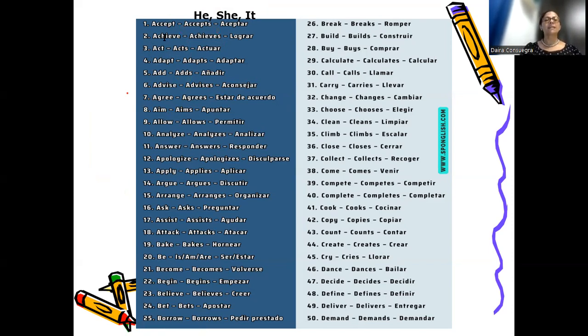Let's start. Accept, achieve, act, adapt, add, advise, agree, aim, allow, analyze, answer, apologize, apply, argue, arrange, ask, assist, attack, bake, the verb to be, which is am, is, or are, become, begin, believe, bet, borrow.